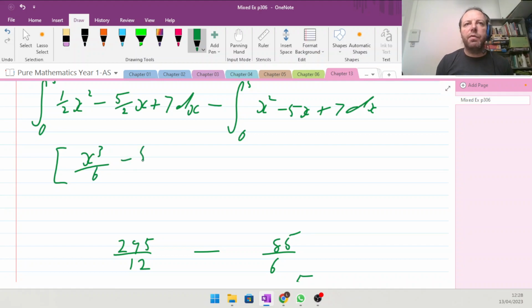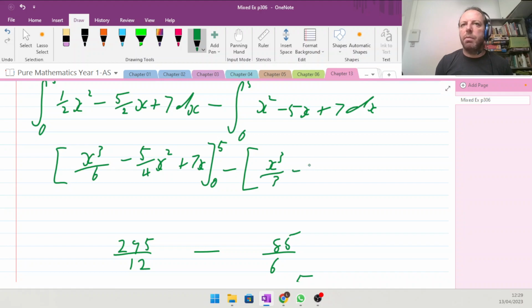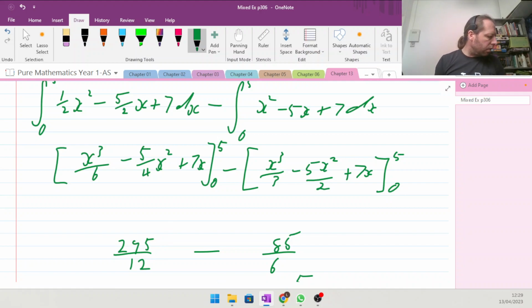So minus 5 over 4x squared plus 7x. Done it like that with the 5, 0, minus, and then x cubed over 3 minus 5x squared over 2 plus 7x, again 5, 0. And that should be enough to satisfy someone that you know what you're doing. All right, very good. See you in chapter 14.